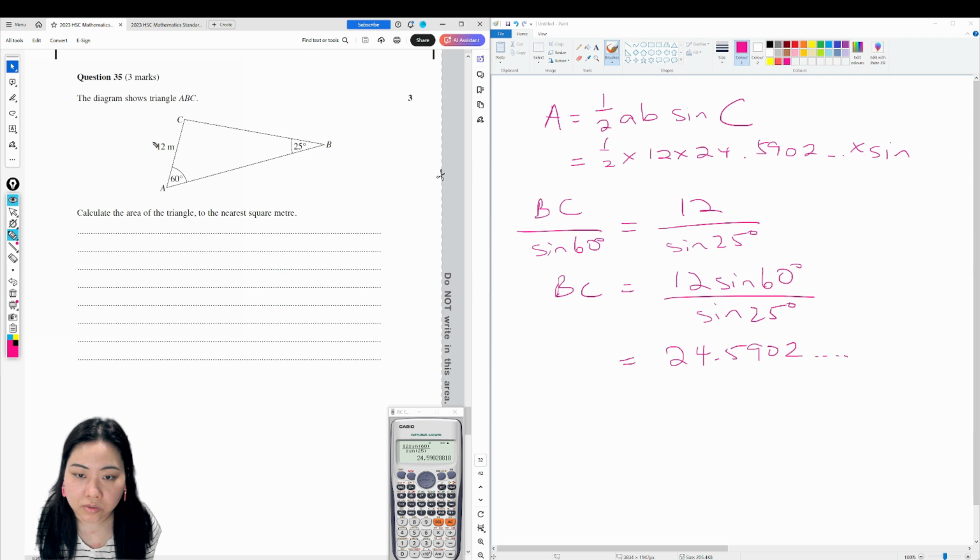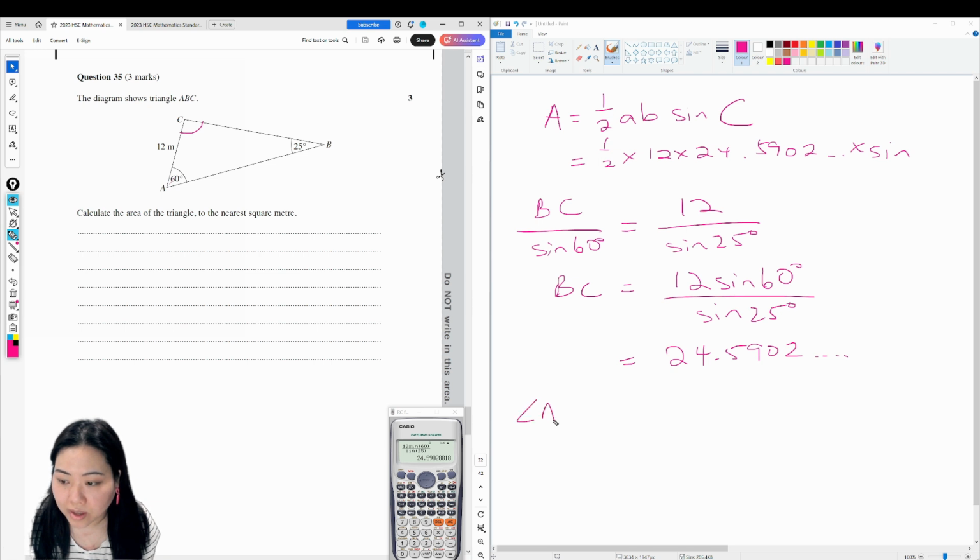And we have used 12, of which the angle corresponding to that is 25 degrees. And then we're using this side, BC, and the angle corresponding to that is 60 degrees. So the only angle that we can use for C has to be this angle from the side that we didn't use. It's just coincidental that it's also labeled C. And we need to find that one.